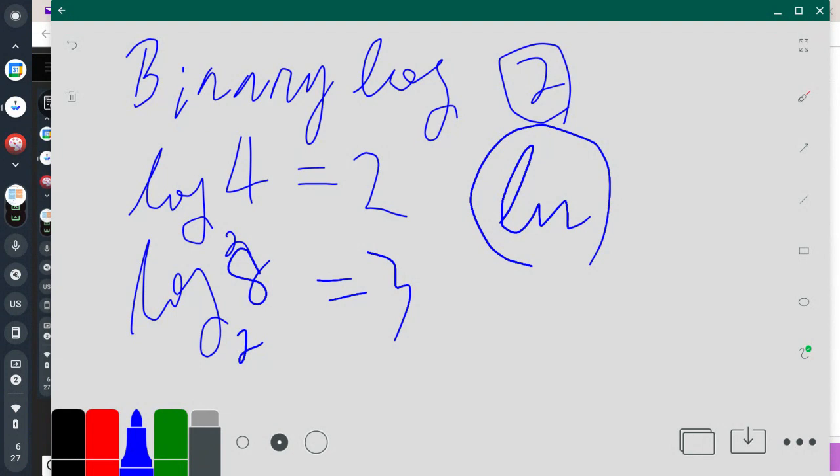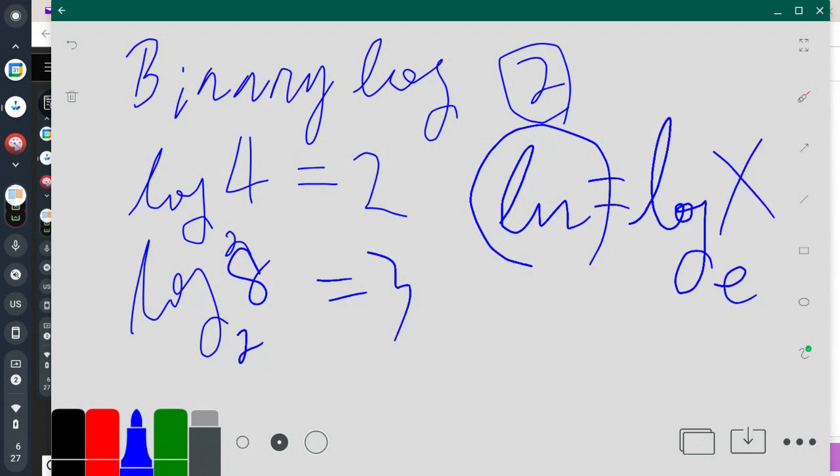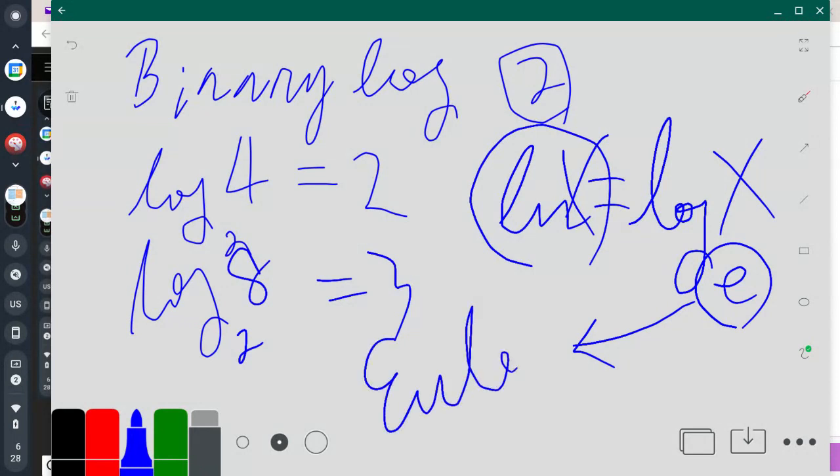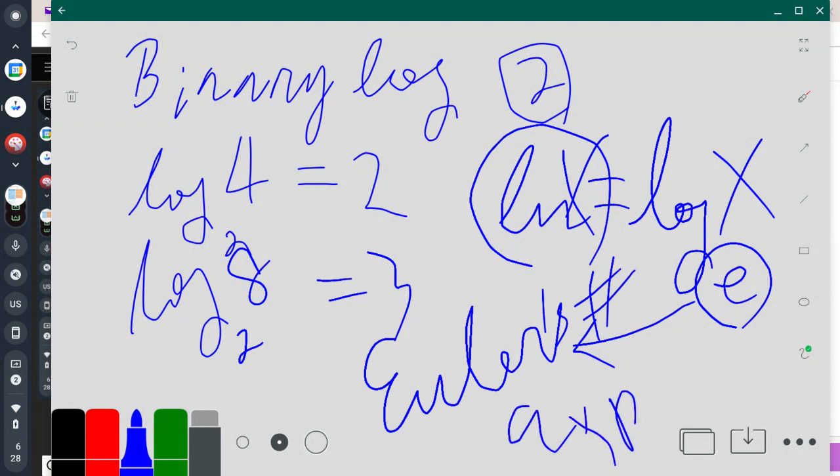So, what is natural log? Natural log is the log using e as the base. And what is this e? So natural log of x. E is called Euler's number. Also called the exponential function.